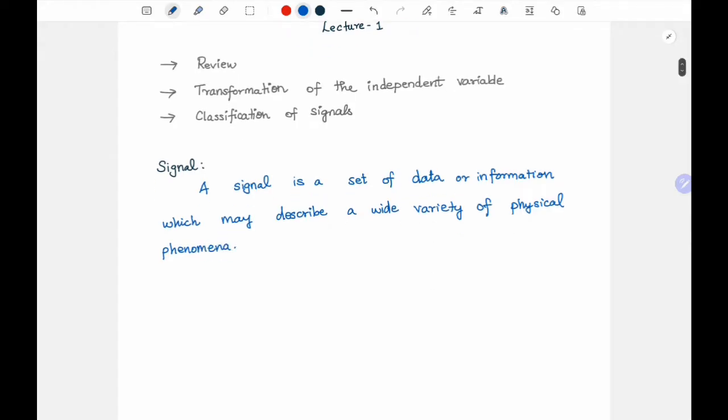So basically you can just consider it as some information conveyed through some variation in the physical phenomena, right?